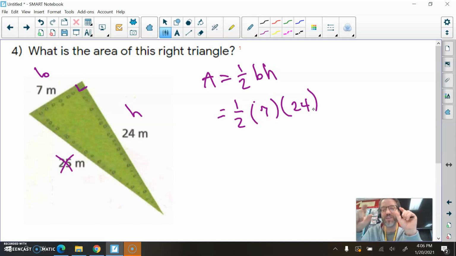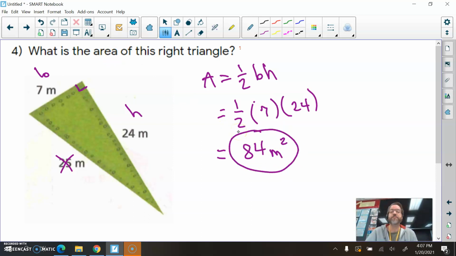Or you can take 7 times 24 equals, and then divide by 2 to get half of it. But what I would do, since 24 is even, I would just take half of 24, which is 12, and take 12 times 7, and that's 84. And it is area, so I have square meters for my label.